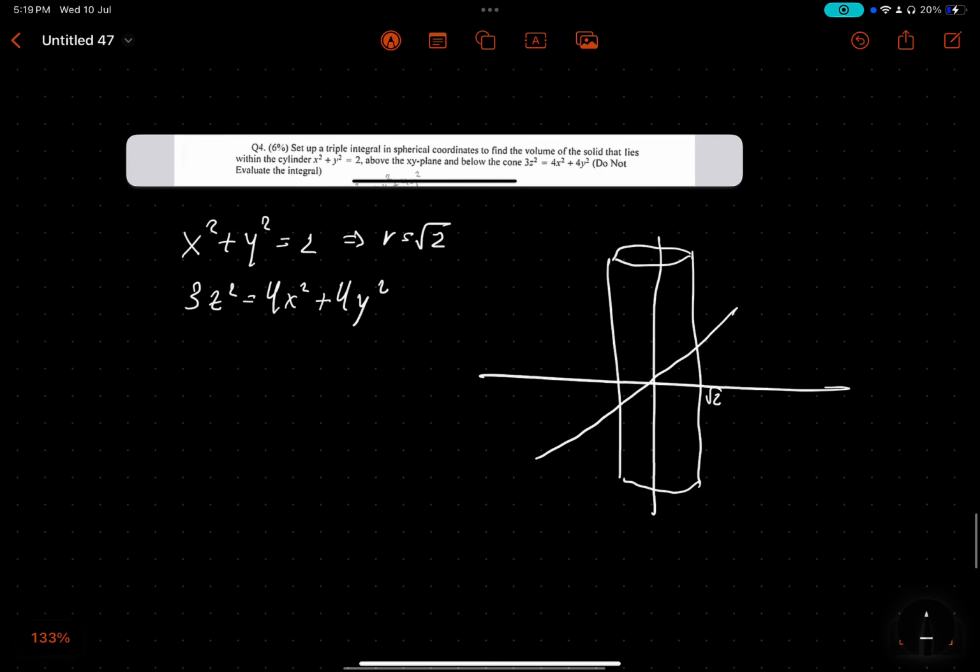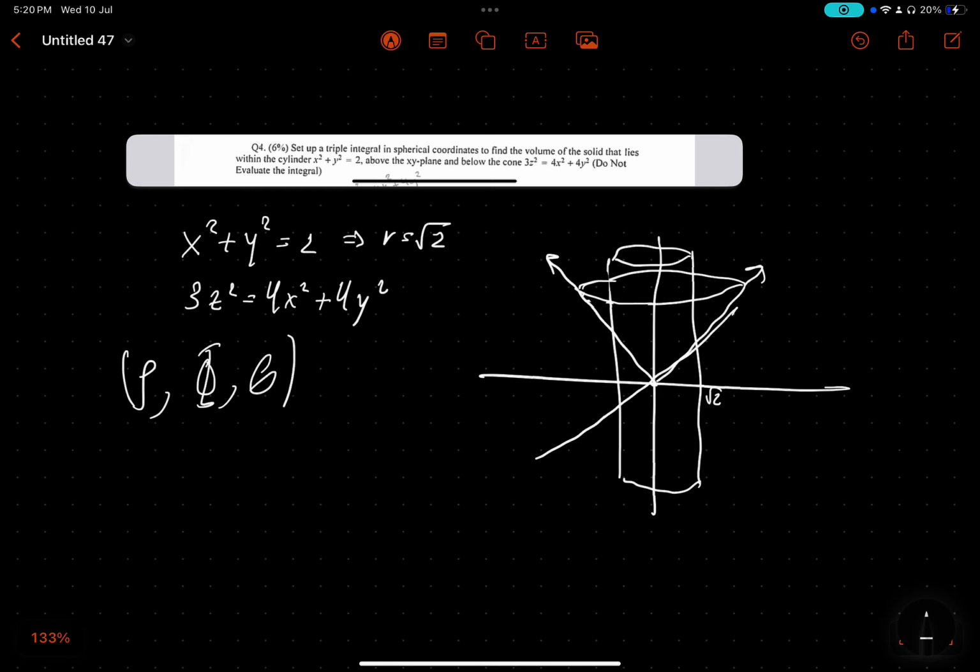Interesting. Okay, let's assume the cone looks something like this. Then we want the volume. Of course, in spherical coordinates. So spherical coordinates are not cylindrical, they are rho, phi, theta.